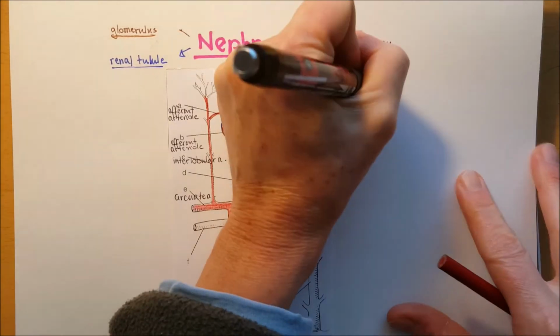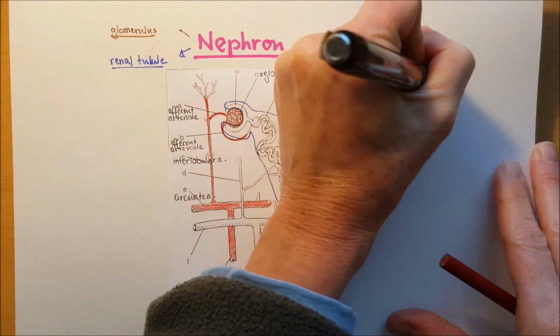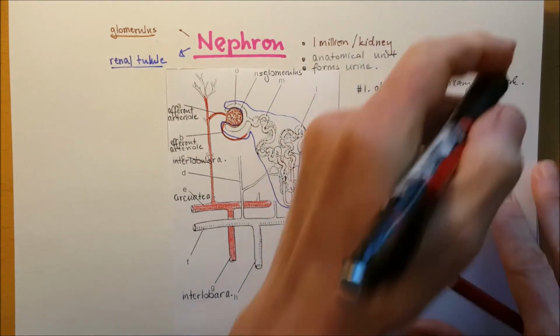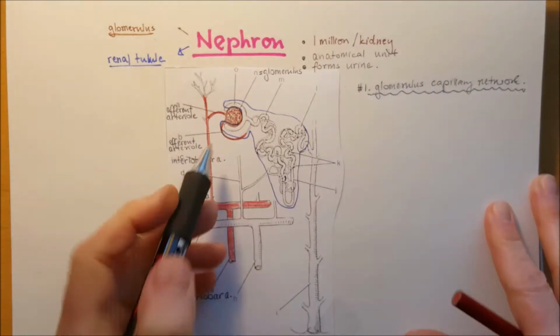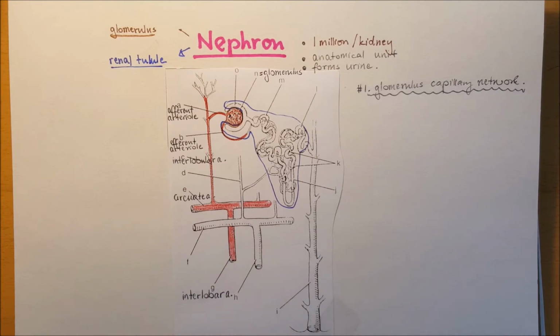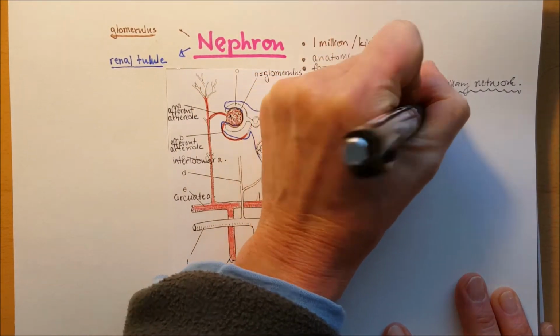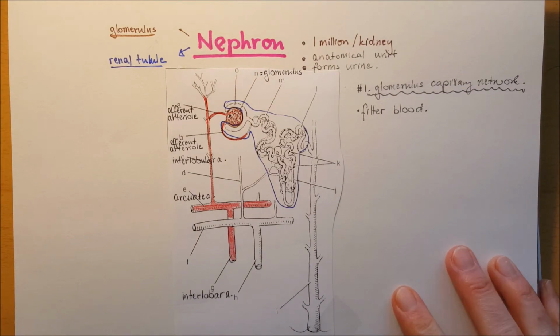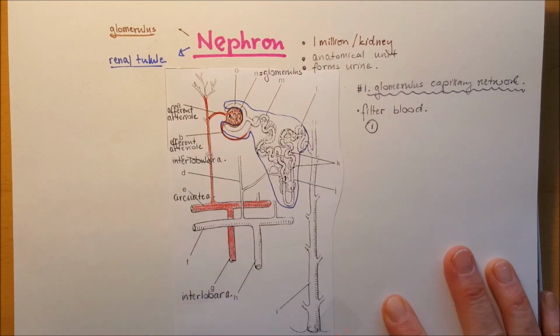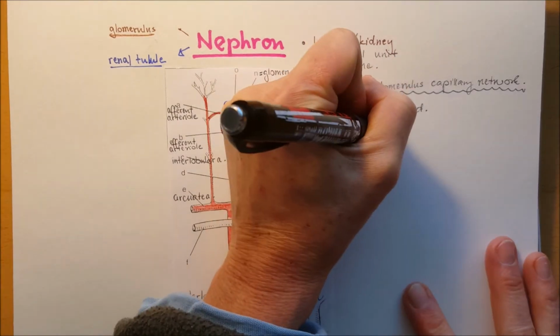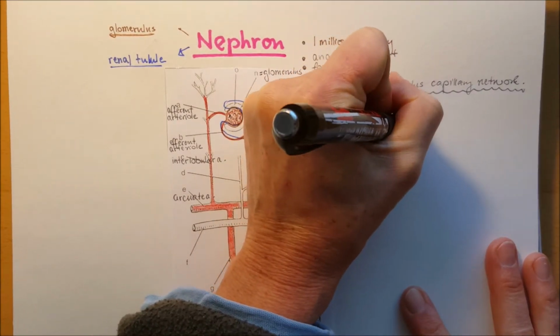Now, what is so important about the glomerulus capillary network? This is the only one where an arteriole connects to another arteriole. Now, the main point is this is the unit that filters the blood, getting rid of all of the materials that are not needed by the body. How is the filtering of the blood achieved?